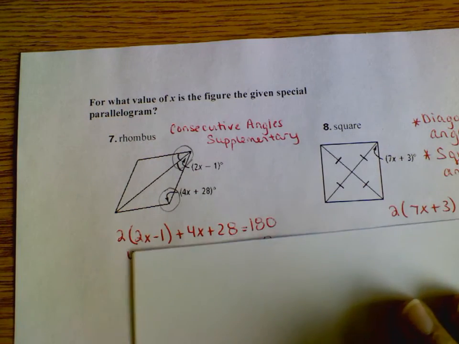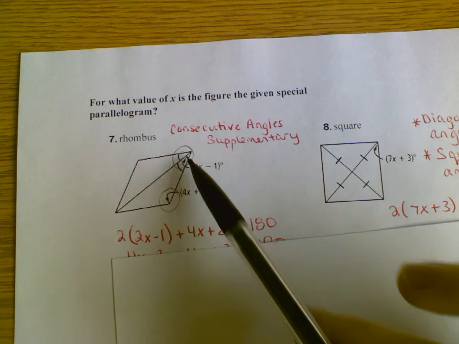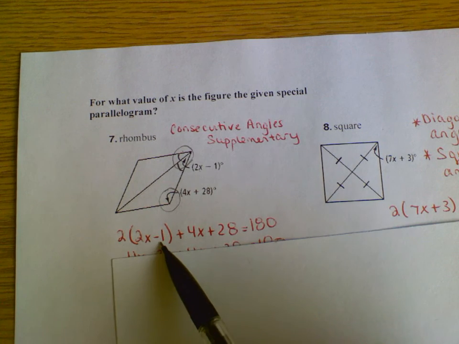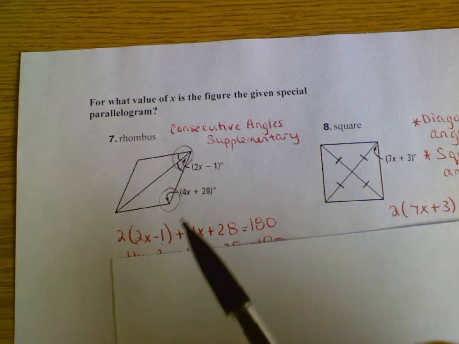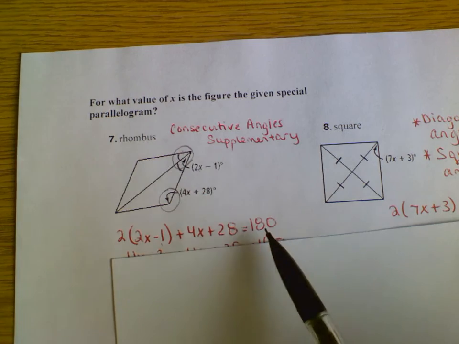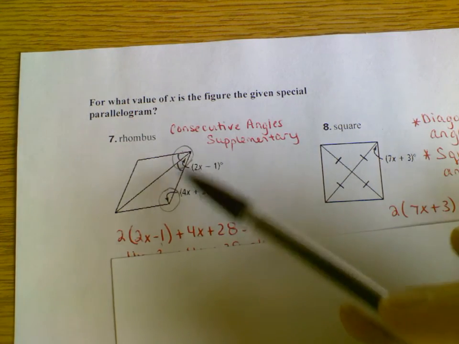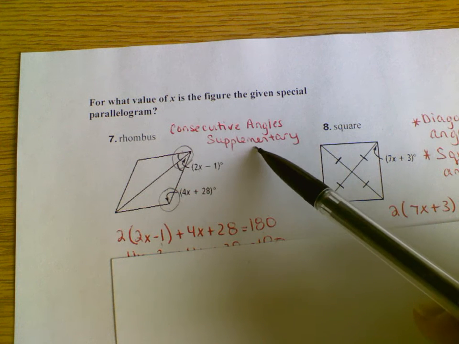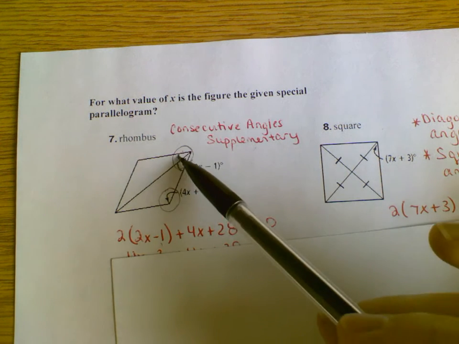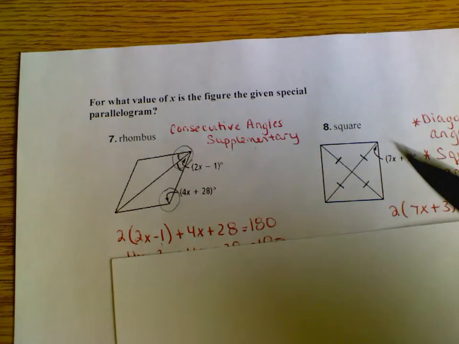So what you could do is set up an equation. I could say that 2 of these, so that's why I did 2 times 2x minus 1, plus this angle, which is 4x plus 28, is 180. So I'm using the fact that parallelograms have consecutive angles supplementary. Then I also use the fact that rhombuses have the diagonal bisecting that angle.